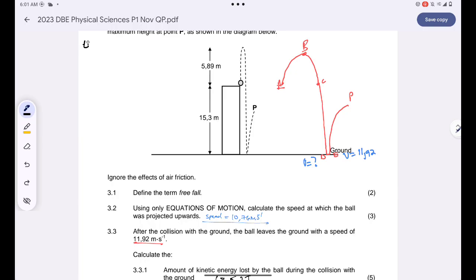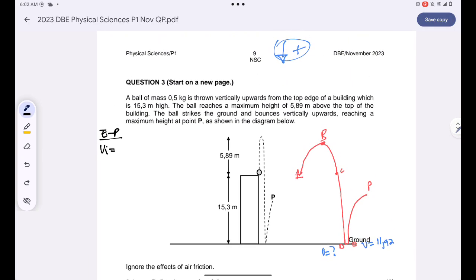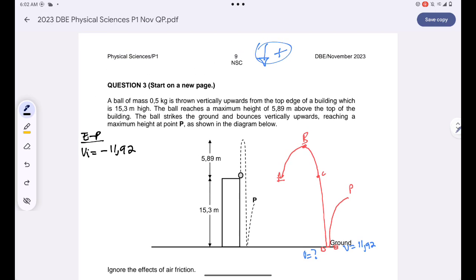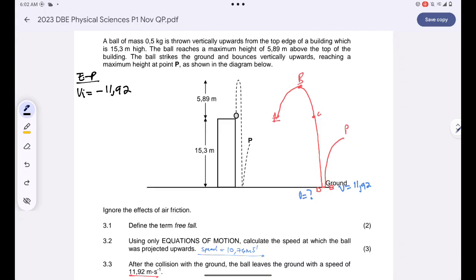I know that E to P, the initial velocity, I was given the initial velocity to be 11.92 whenever it moves from the ground to reach maximum height, né? But since this is an upwards velocity, right? So that means it would be negative 11.92.